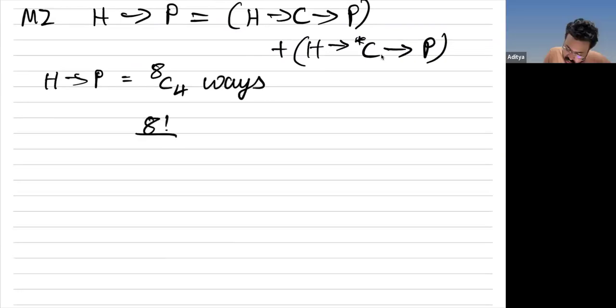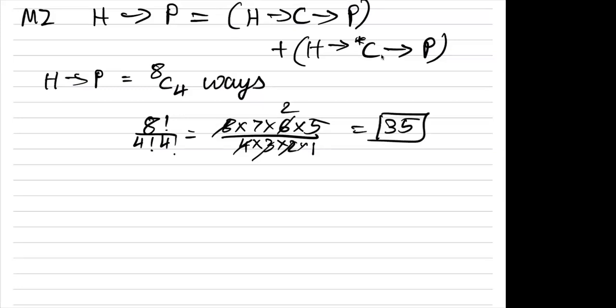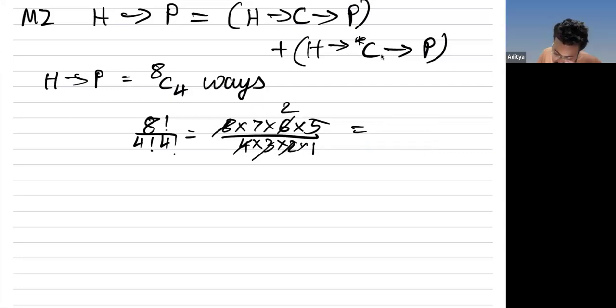Otherwise you can write 8 factorial upon 4 factorial times 4 factorial, which is 8 times 7 times 6 times 5 divided by 4 times 3 times 2 times 1. I have omitted the rest because they're going to cancel anyways. The 4 will cancel, the 3 will cancel with this, and you will be left with 35. Sorry, 70.